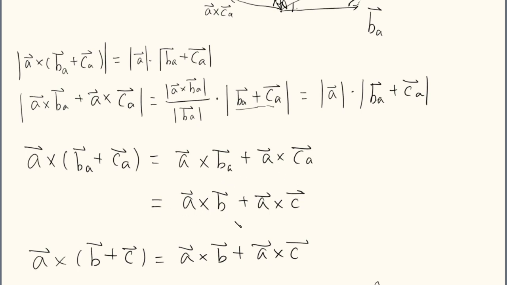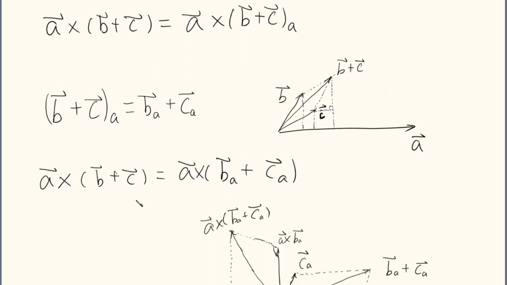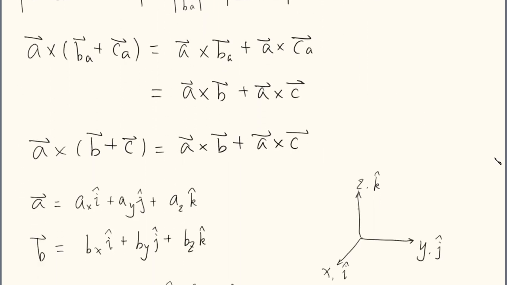And we know that this one here is equal to vector A cross vector B plus C. So this and this are equal.